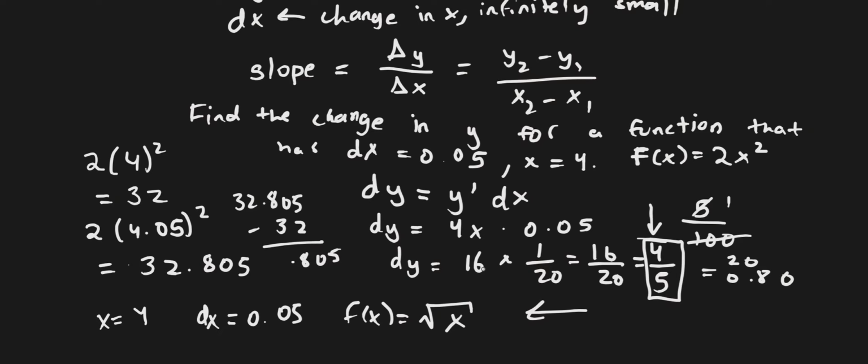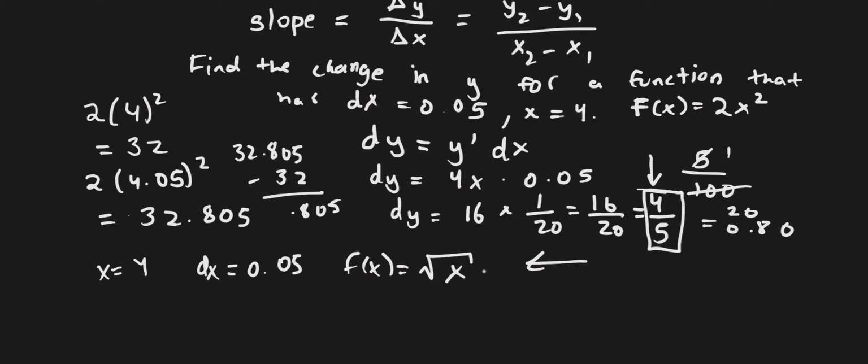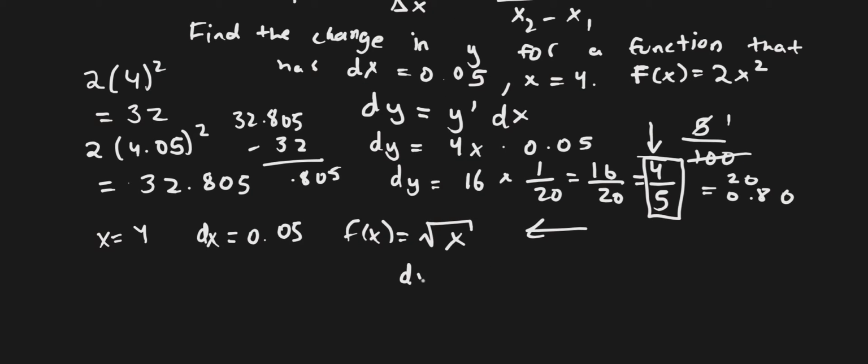Differentials can tell us dy, and that can help us identify the change in y for a change in x. Now, another thing that I wanted to point out is that since dy by dx is exactly equal to y prime, delta y by delta x is an approximation of y prime.